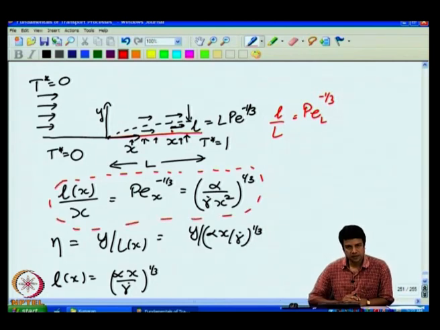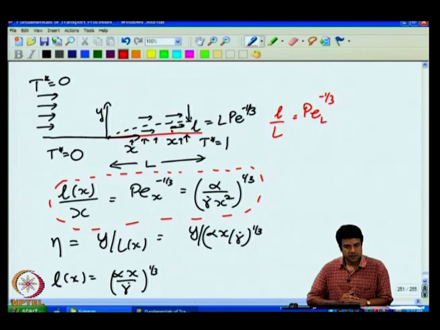Small l by x is equal to Pe based upon x to the minus 1/3 power, where the Peclet number based upon x is gamma dot x square by alpha. You substitute x instead of L. So, now x is the downstream distance, the coordinate along the streamwise direction, and since the boundary layer thickness depends only upon x, it already depends upon x.